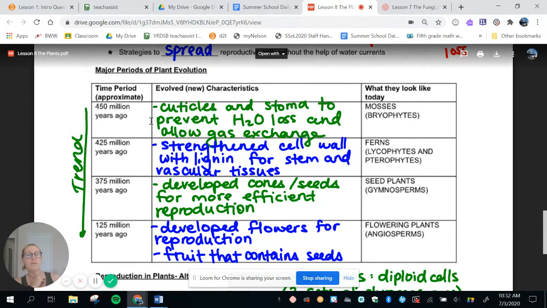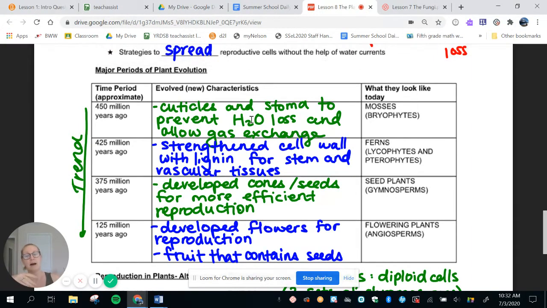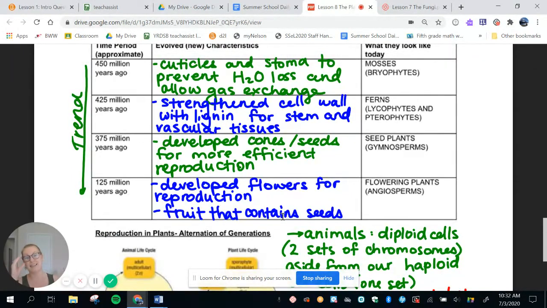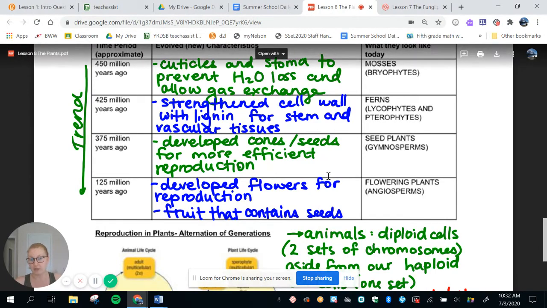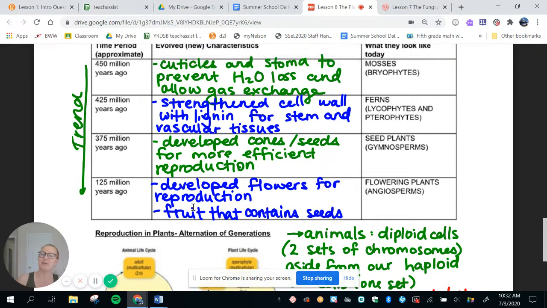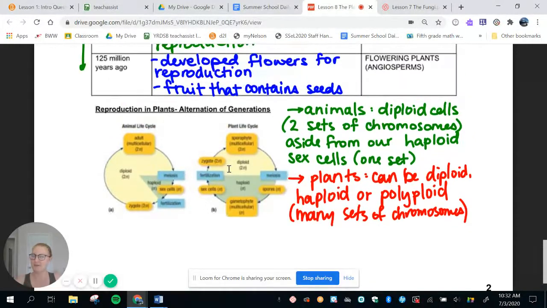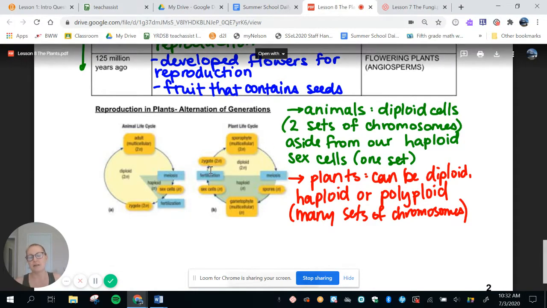So we go from very simple organisms that are flat on the ground, all the way up to angiosperms, which have developed these nice flowers helping them with reproduction. I mentioned here also the fruit part, which helps the plant get its seeds out into the wild. And last but not least, because I was mentioning it with the fungi lesson as well, is this idea of a life cycle.